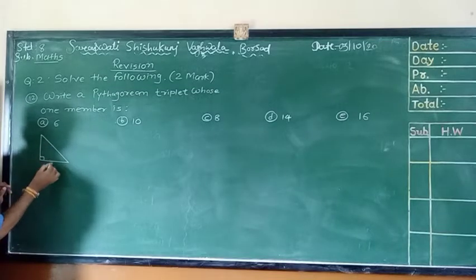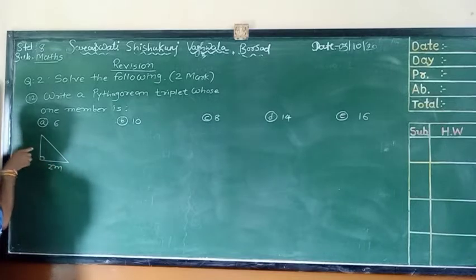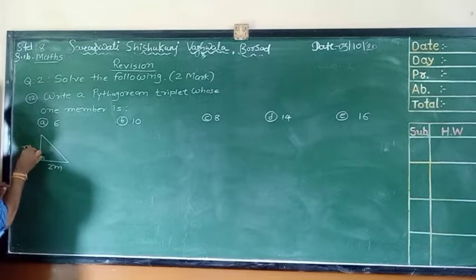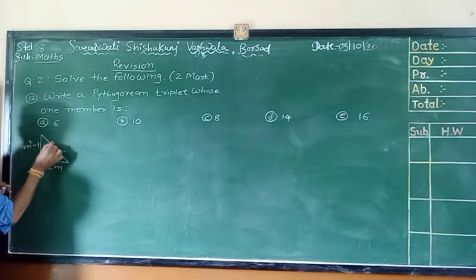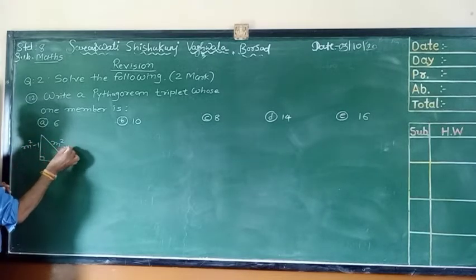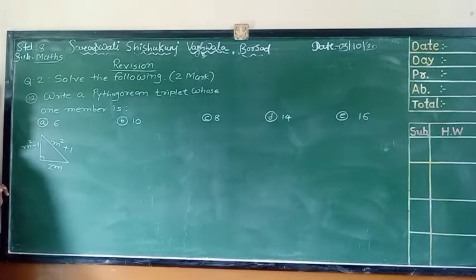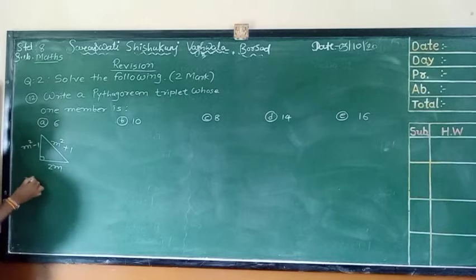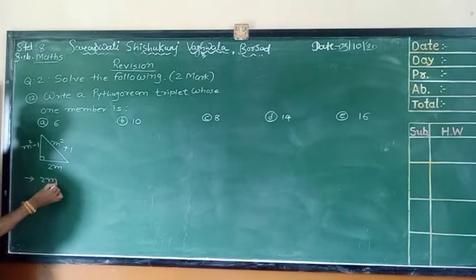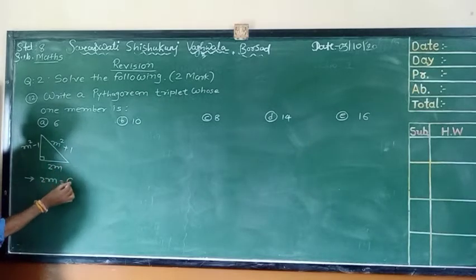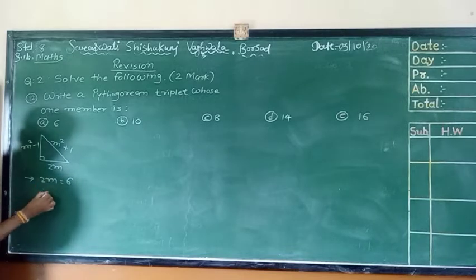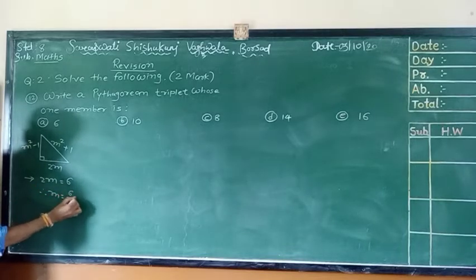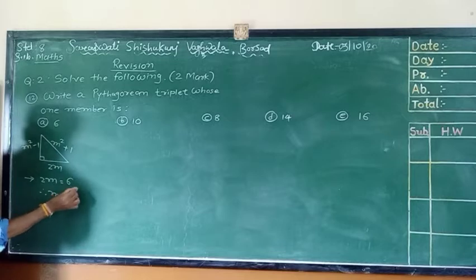We can take here 2m on one side. Now this side is m square minus 1. Then this hypotenuse measurement is m square plus 1. So we have to take this 2m. Suppose 2m we will take as 6. 2m always we will take, 2m equal to 6. Now 2 is going in downside, so 6 by 2, 2 3s are 6.